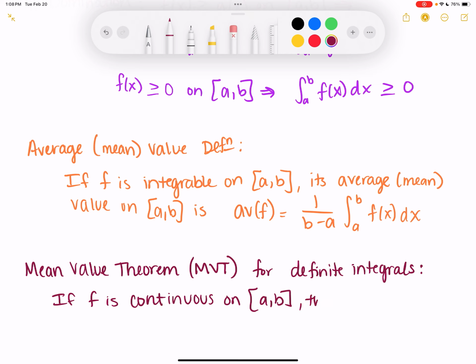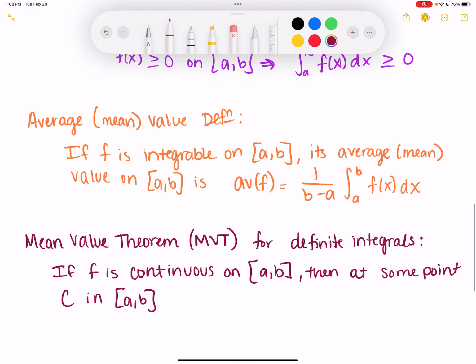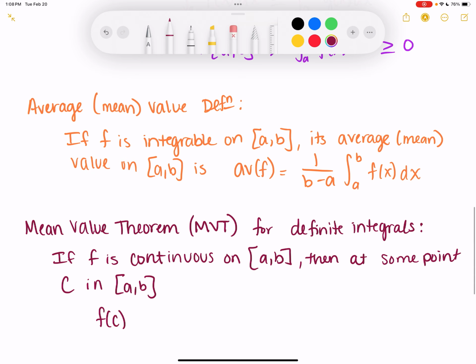Then at some point c in the closed interval a to b, f of c is equal to 1 over b minus a times the integral from a to b of f of x dx.